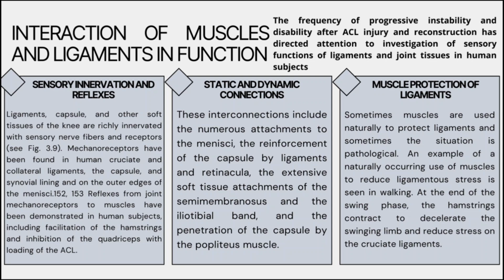Swelling in the joint capsule has long been known to produce inhibition of the quadriceps and a sudden collapse of the knee. This inhibition has been considered to be caused by deformation of the mechanoreceptors in the ligaments and capsules. When ACL injuries occur, there is a decrease in individuals' proprioceptive abilities.